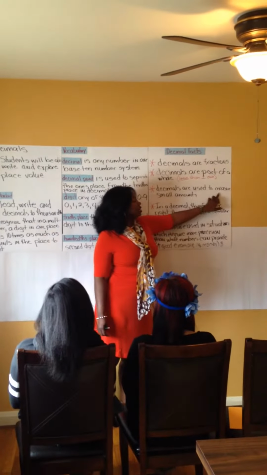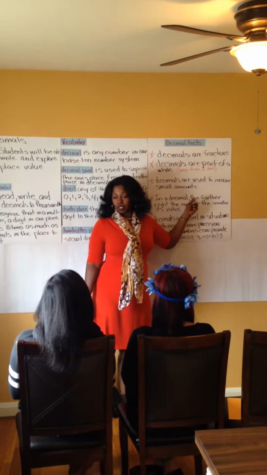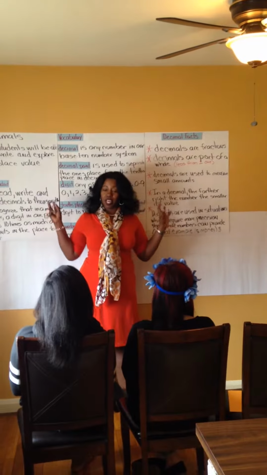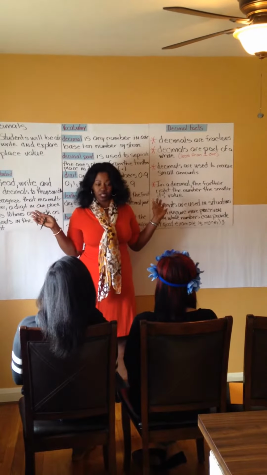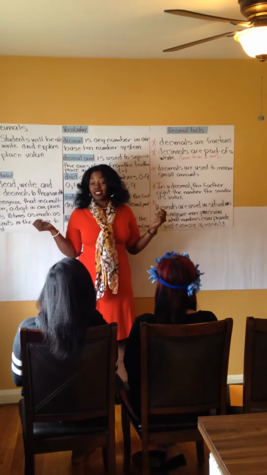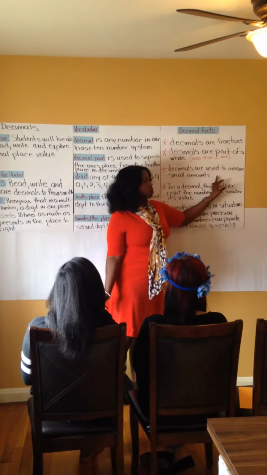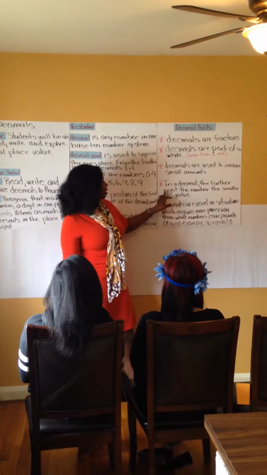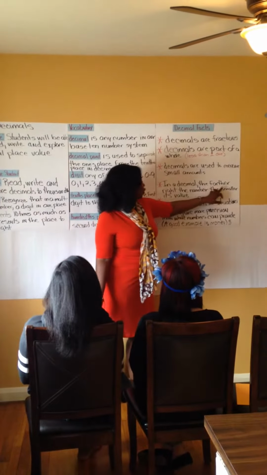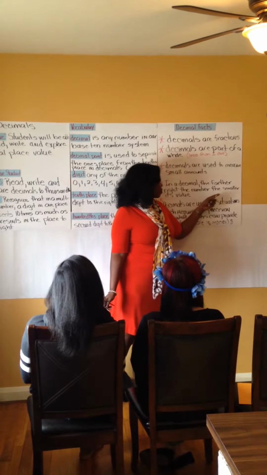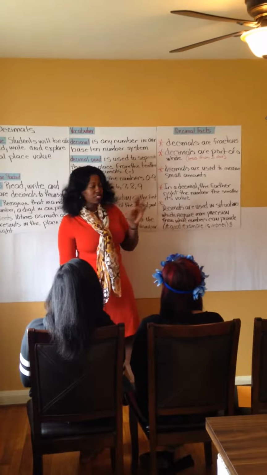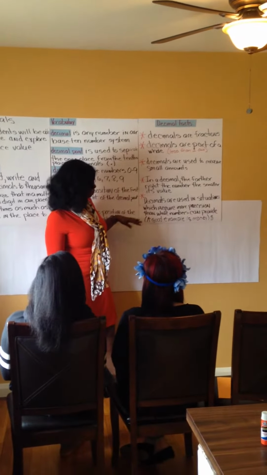Decimals are used to measure small amounts. Like say if you are a scientist and you had to measure bugs, like ants and stink bugs. That's something you would use decimals for, to measure small amounts. In a decimal, the further right the number, the smaller its value. We'll see that in a minute once we get to our charts.